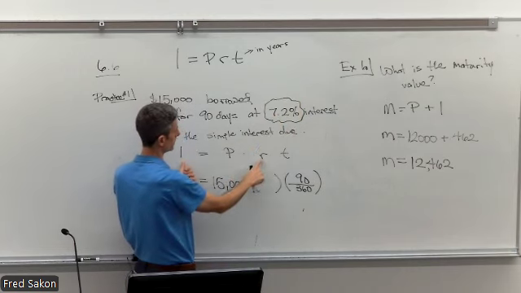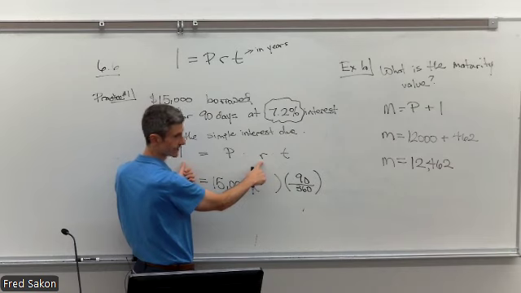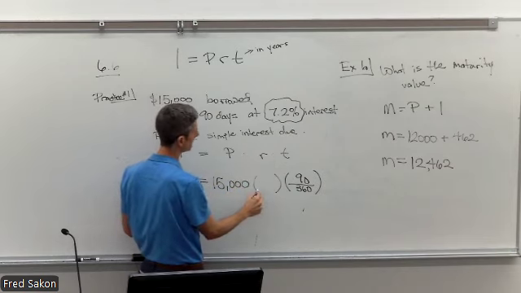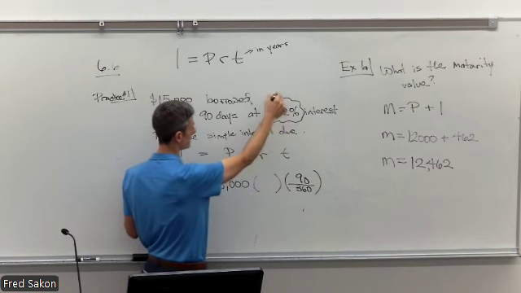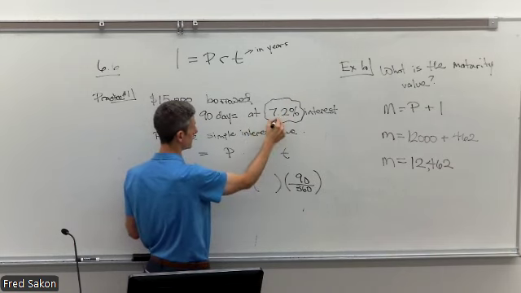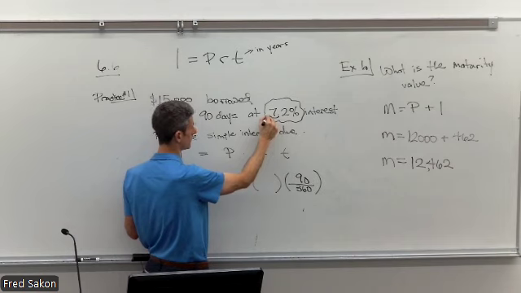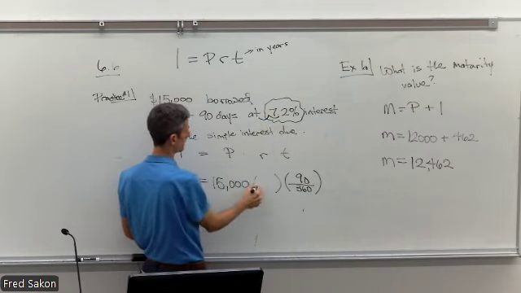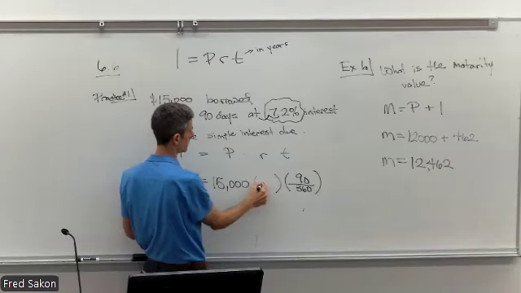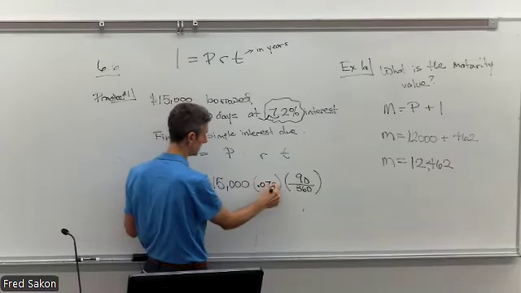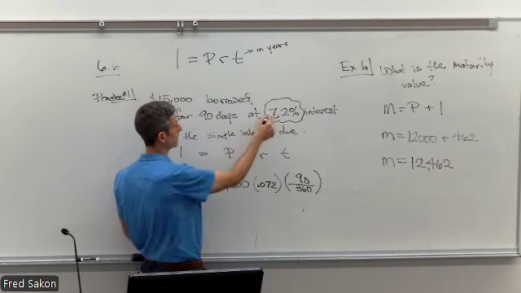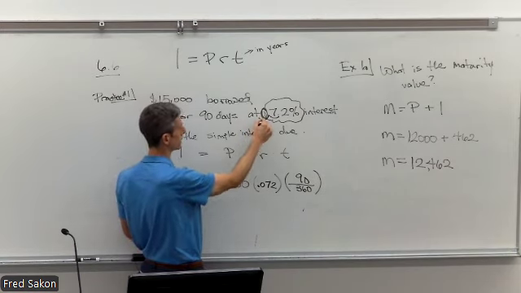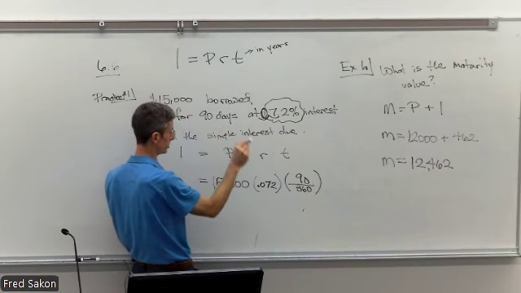So which one does that go in? The rate. And how do I want to write it? One, two, point zero seven two. When you move that decimal twice, it creates a zero there, so 0.072.